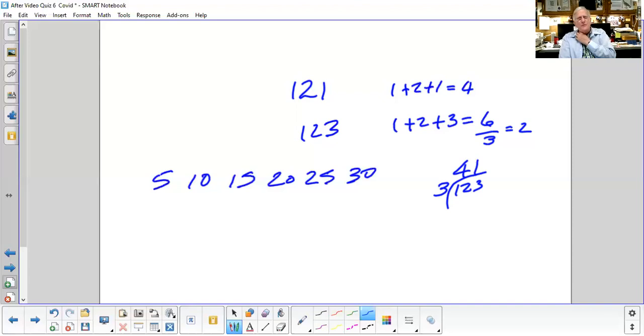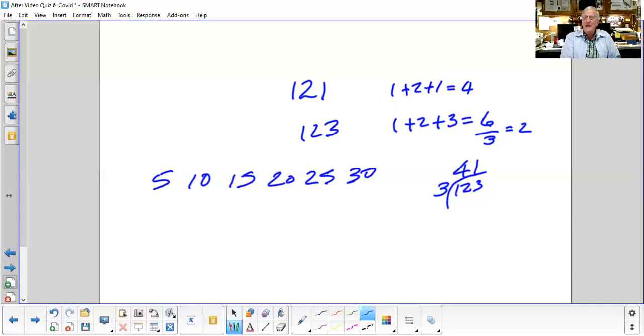So those are the three divisibility rules that I want you to remember the rest of your life. You should always know them. There are other common divisibility rules that many teachers will ask you to memorize, maybe your children to memorize when they are in middle school, but those three you should know as an adult the rest of your life.